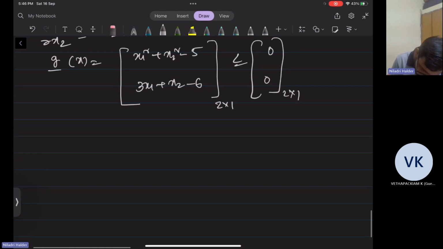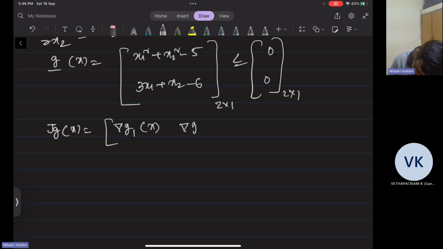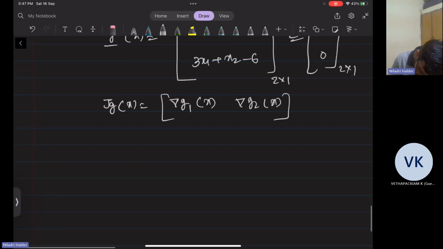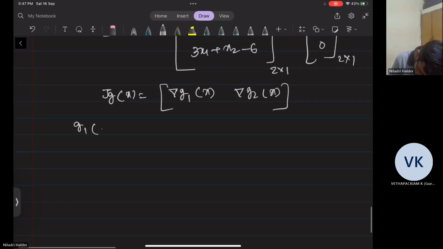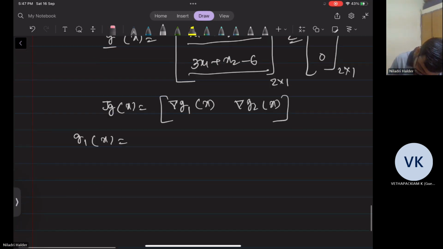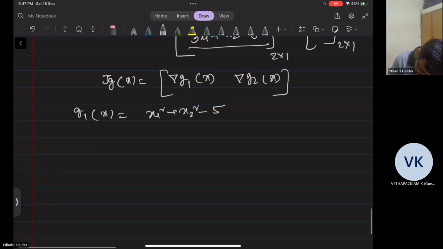Now what should be the Jg of x? That will be the gradient of g1 of x and gradient of g2 of x. Correct. Now what is g1? So g1 of x is equal to x1 square plus x2 square minus 5, and this is g2. Then gradient of g1 of x.